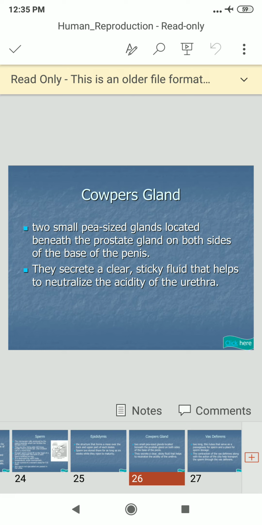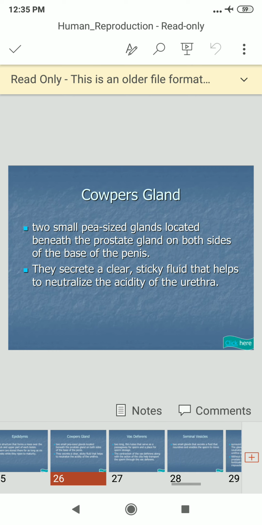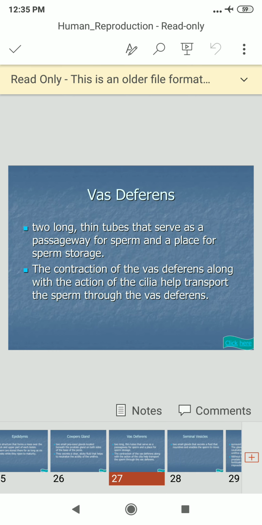Because the secreted clear sticky fluid helps neutralize the acidity. If it is not neutralized in their body, the woman cannot accept this sperm. The vas deferens is two long thin tubes that serve as a passageway for sperm and a place for sperm storage.